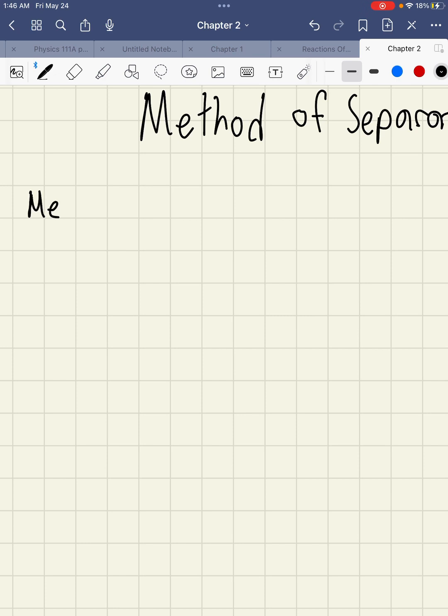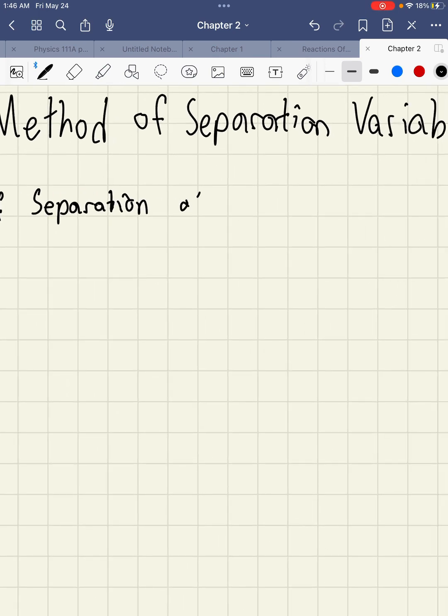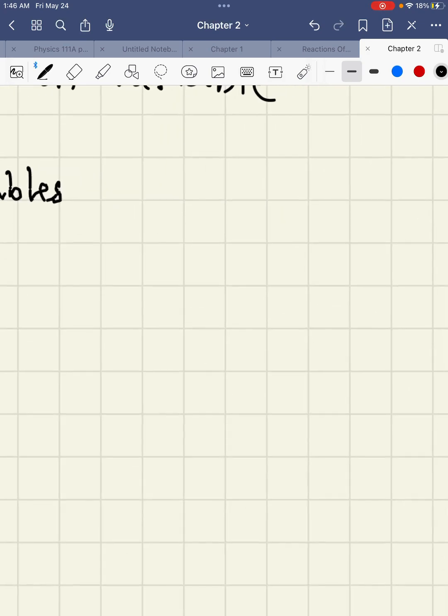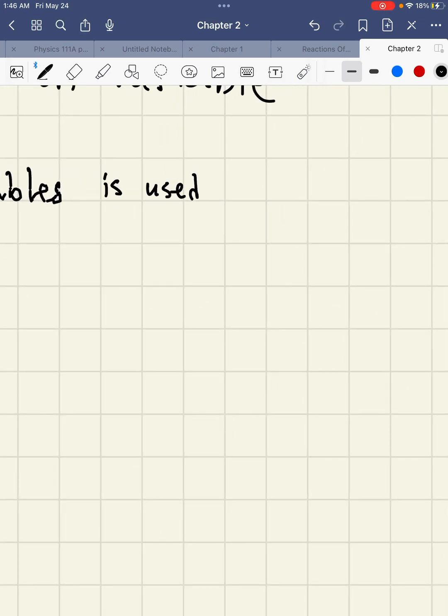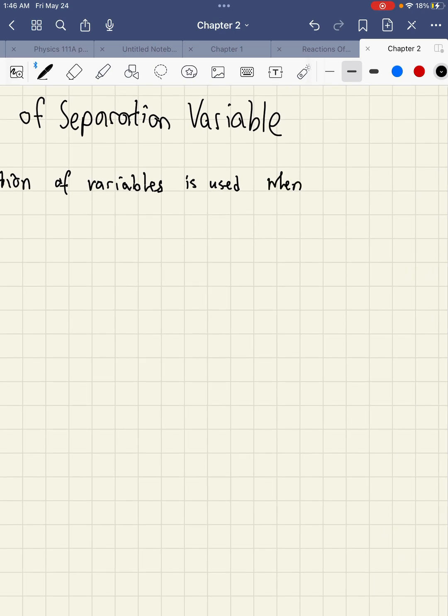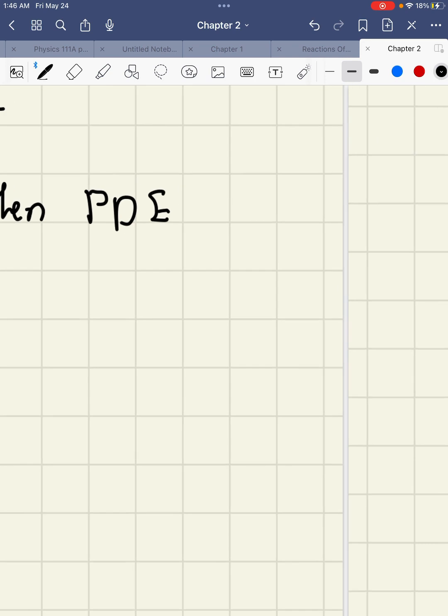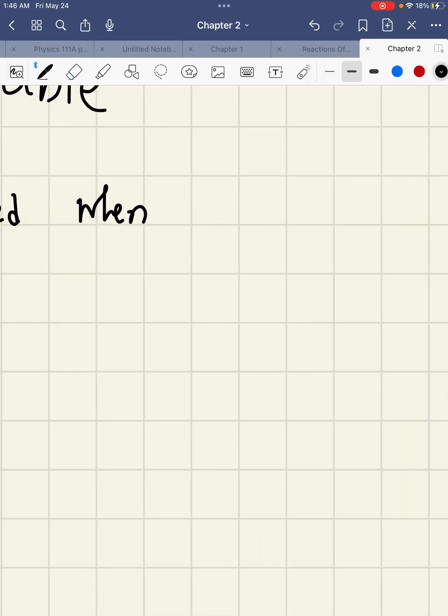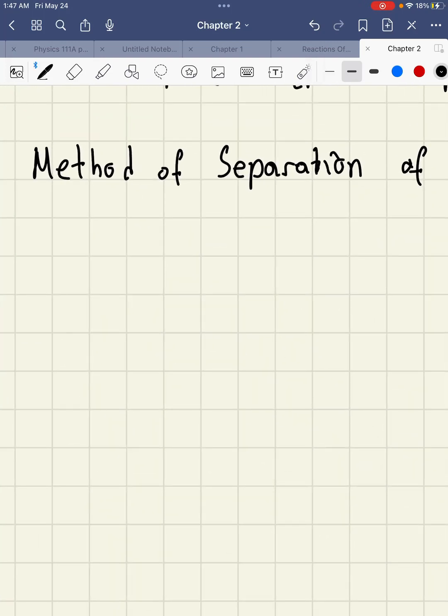The method of separation of variables is used when our PDE, with the corresponding boundary conditions, are linear and homogeneous.